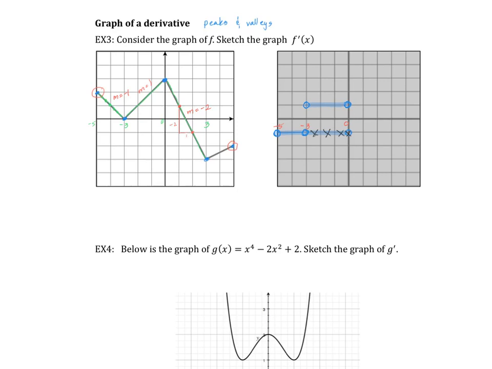So it's -2 over 1. From 0 to 3, I'm graphing -2. Again, remembering that it's an open circle at the endpoints. And then looking at this last piece from 3 to 5. It looks like the slope is positive 1/2.